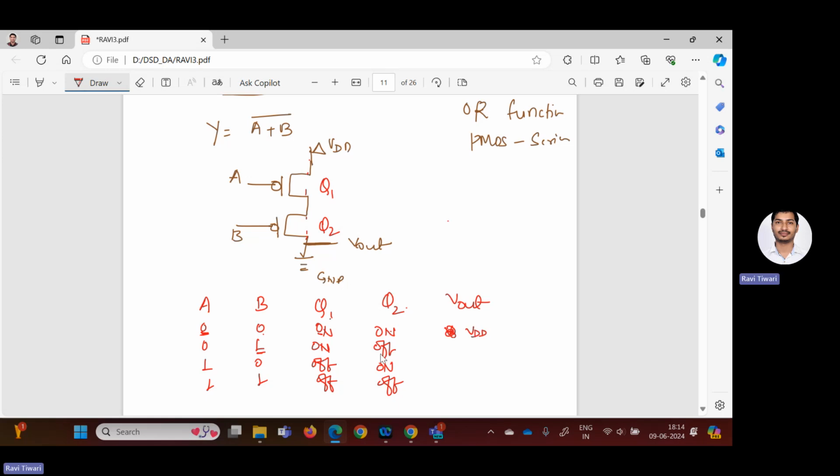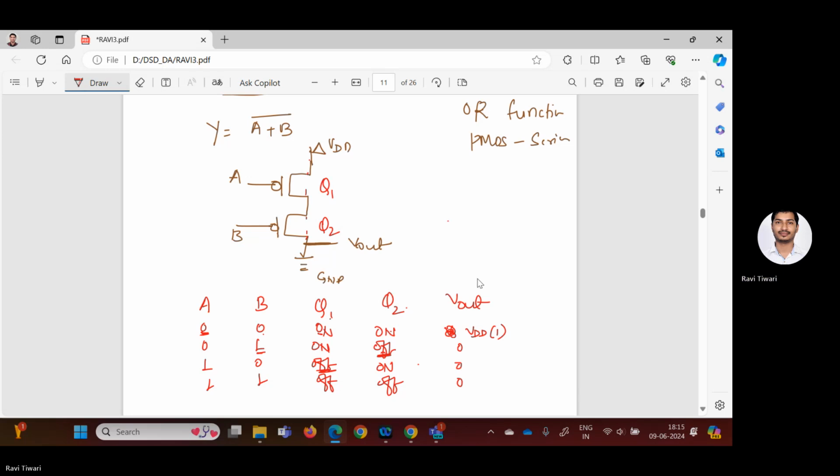But if any of the MOSFETs is off, then Vout is not able to connect to VDD, then Vout will be connected to ground. That means 0 or GND. So here also it's 0. If both are off, then in this condition also Vout cannot reach up to VDD. So Vout will go to the ground and the output is 0. So now here you see this functionality is working as a NOR gate.